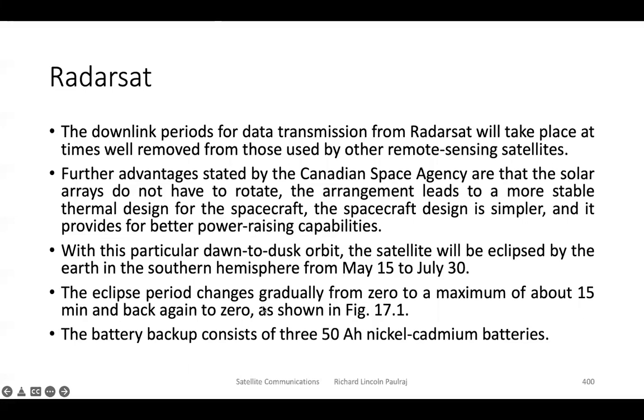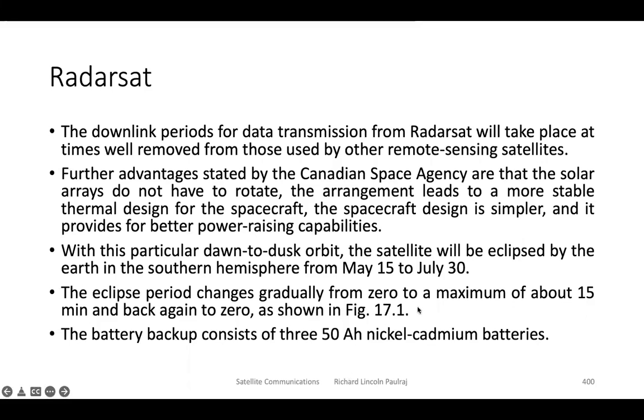So which means this eclipse can have a minimum of about 0 minutes and it can go to a maximum of about 15 minutes. As we have seen, the maximum eclipse can last for about 72 minutes, right? That's the maximum recorded thus far.